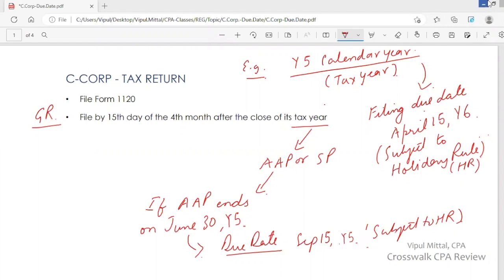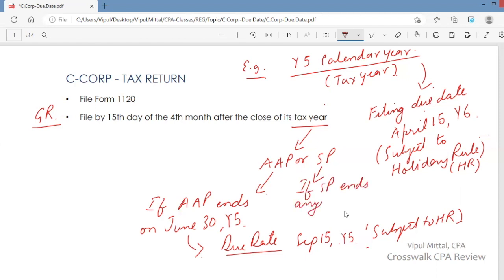But if the tax year is a short period, less than 12 months, and this short period ends any time in June, it may be the first week of June, the second week, the 15th or the 20th of June, in that case also the due date is September 15th.